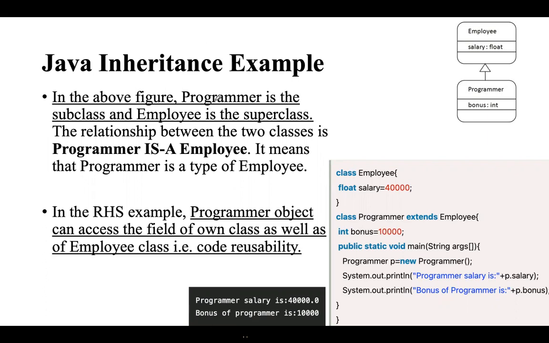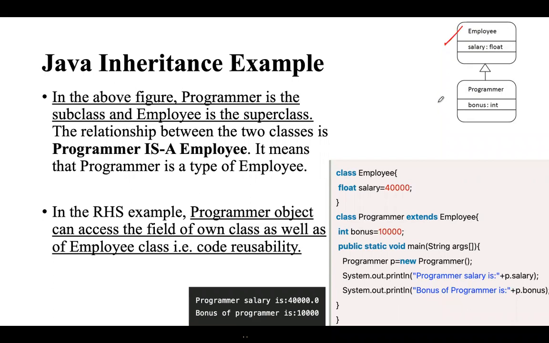So now we are going to start with the very first basic example of inheritance. Here in this example, we have two classes. The one is employee, and that will have a field named salary, and the data type of that field is float.